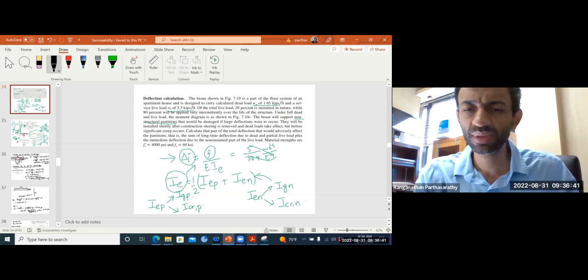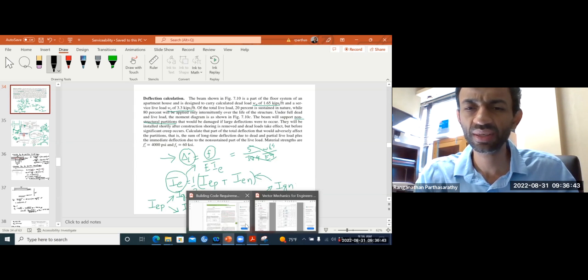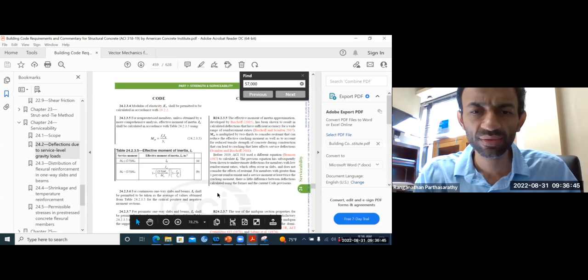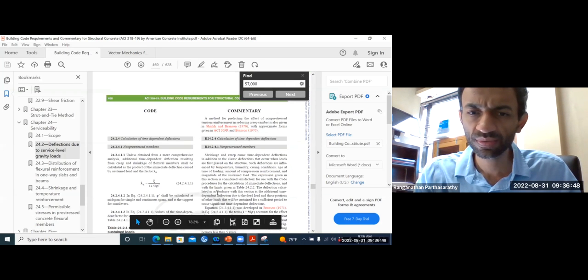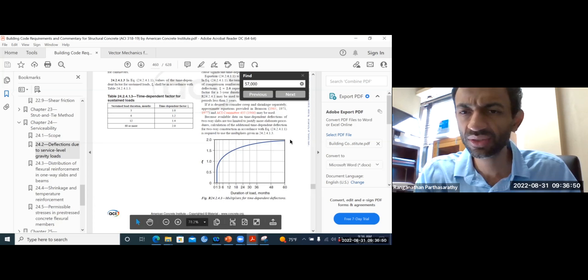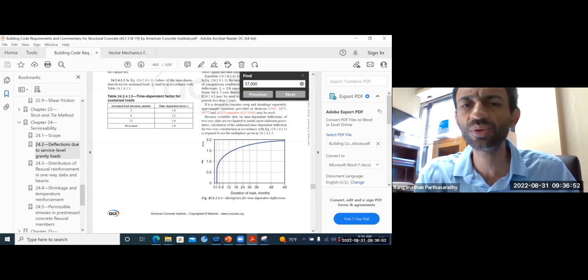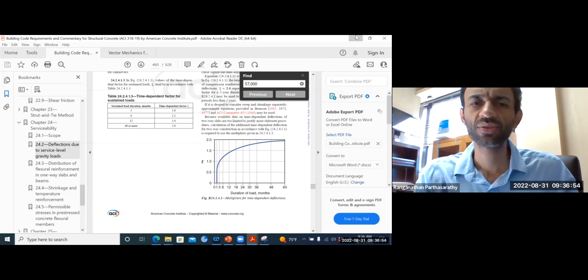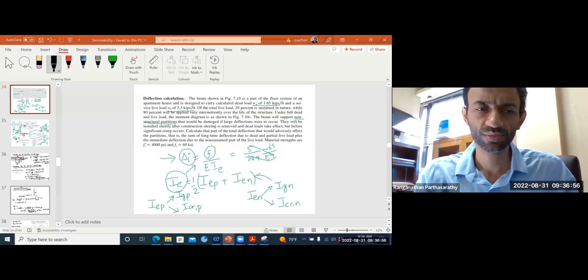When nothing is mentioned, that means you just assume a really long time. So this is after very long, it's 2. 2 is the asymptote value. So just let's use 2.